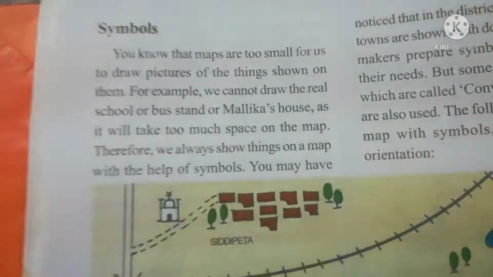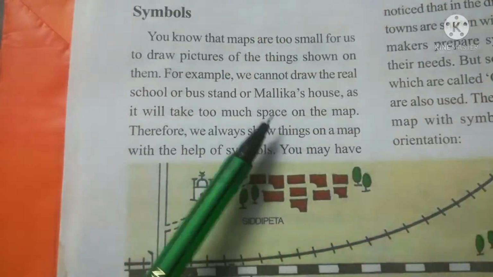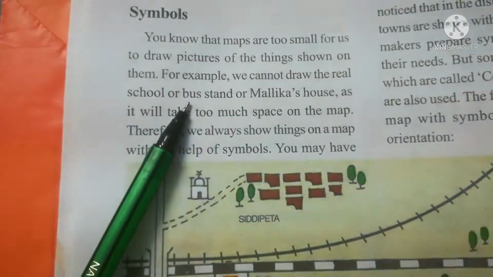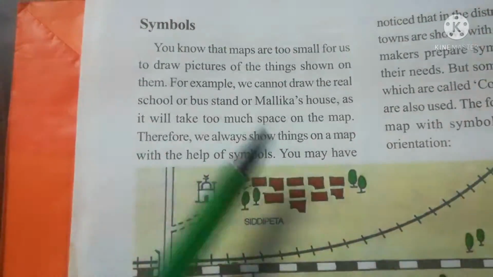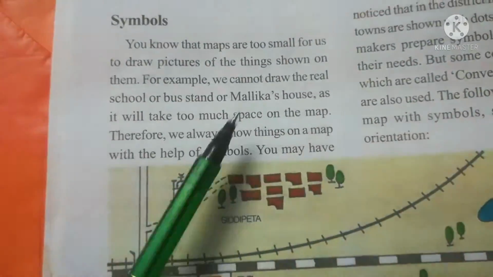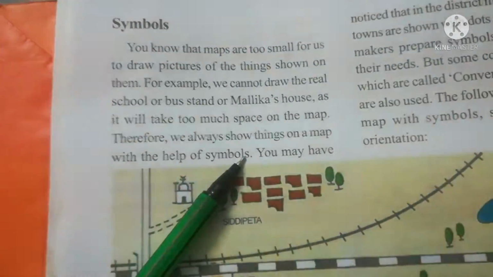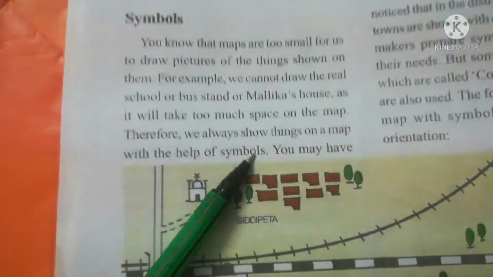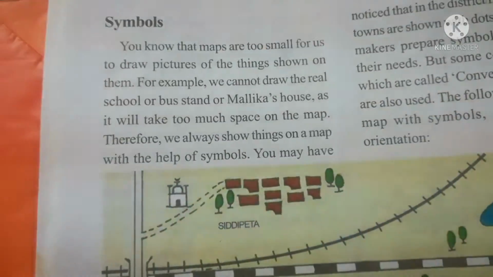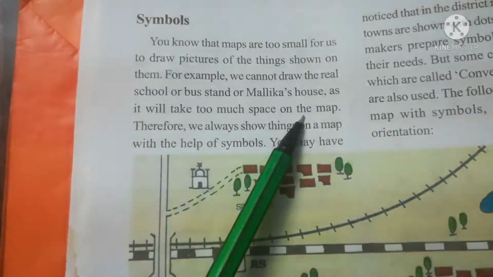If we draw a big school in a map, is it possible? No. It is impossible to draw a big picture of a school. So what do we have to do? Yes, we draw a small symbol of the school.